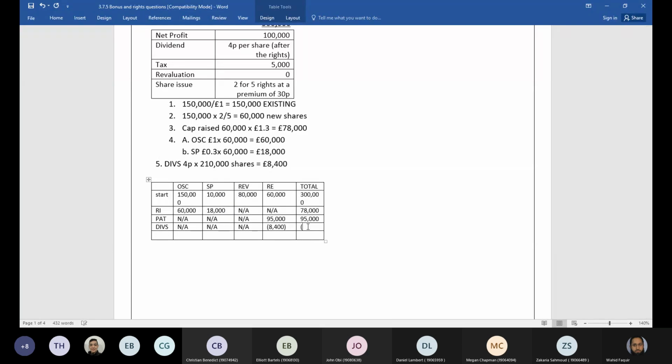Okay, add across. Now you're in a position to do your closing balances. Add down, add across. See if it works.